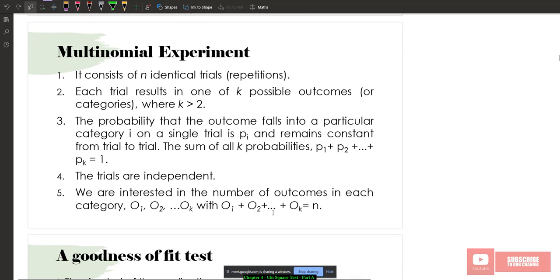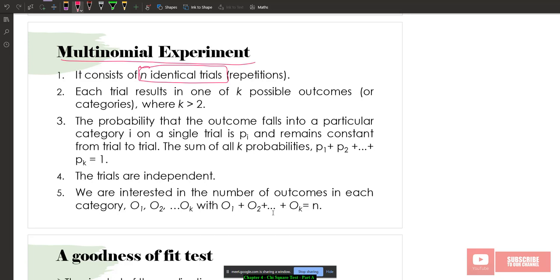When we have categorical data, normally we should expect more than one categorical level. A multinomial experiment consists of n identical trials. It's closely related to the binomial distribution, where we have 2 possible outcomes and a fixed probability of success.